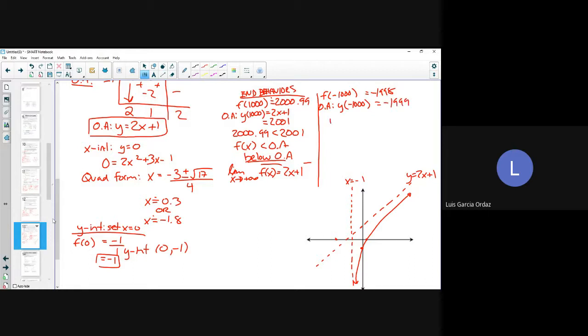So my f at negative 1,000 is already bigger than my oblique asymptote, which means that it is above my oblique asymptote, which means that the limit as x approaches negative infinity of f of x is equal to 2x plus 1 from above. Which means that my graph is always going to be above my oblique asymptote at all times.